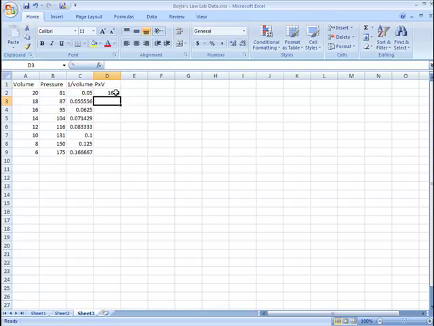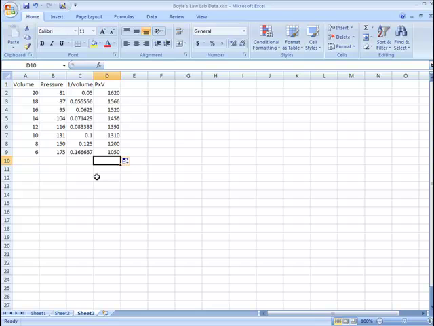You can always double check your Excel work if you really want to, and then you just highlight and put it down, and you got all of them. What this does is it copies the formula for each of these respective rows. So since it copies the formula, here's our data here of pressure times volume.